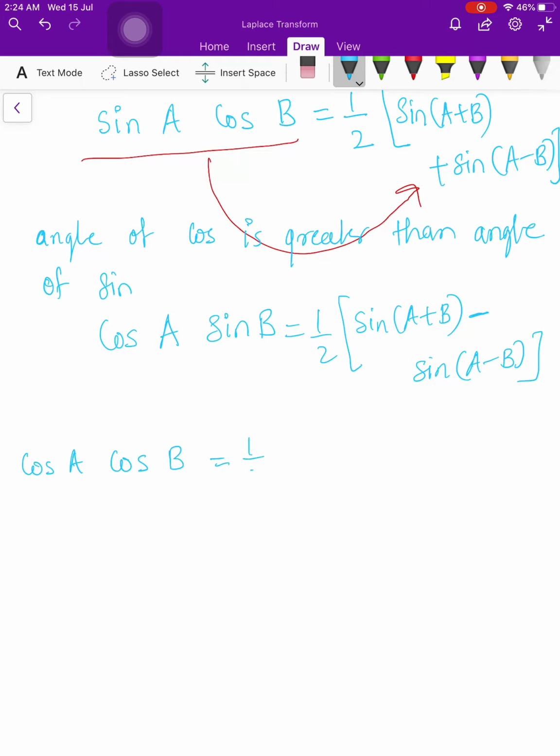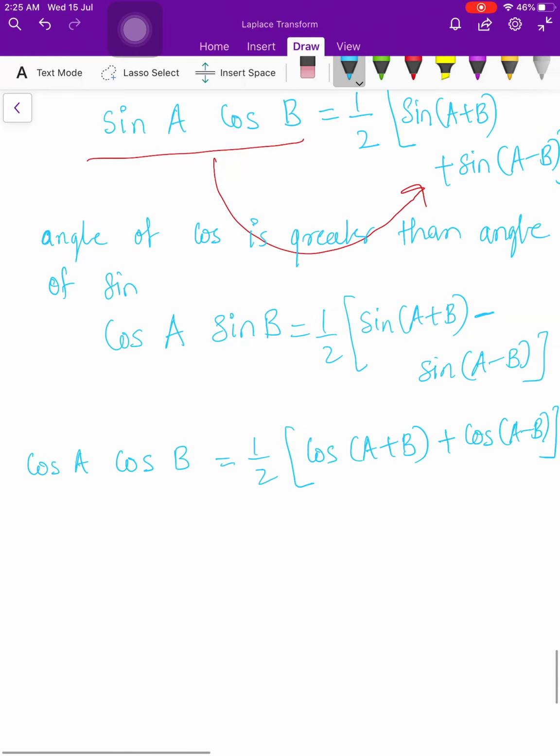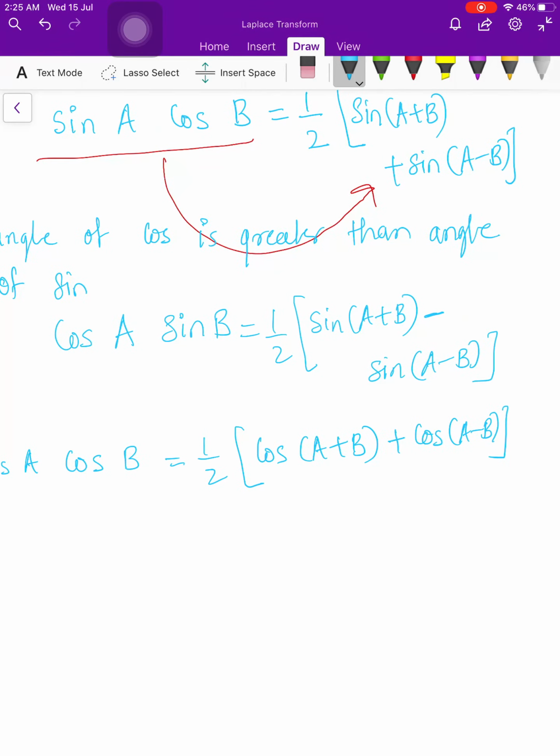The formula is 1 upon 2, cos of A plus B plus cos of A minus B. Simply see that whenever there are two different functions, sine and cos, the right hand side has just sine, and whenever the two functions are the same, you have cos and cos only.